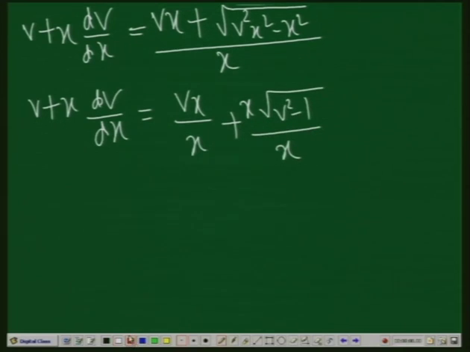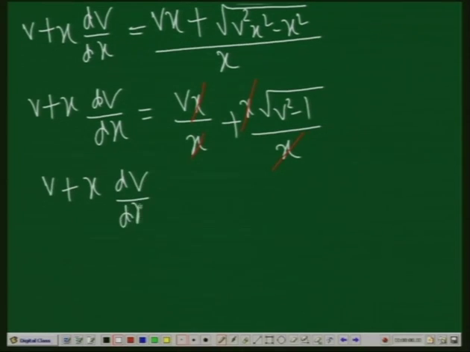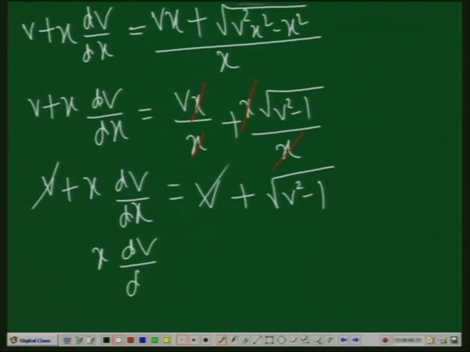Now cancel x, I can cancel this x here, and we will be left with v plus x into dv by dx equals to v plus root of v square minus 1. Cancel v, we get x into dv by dx equals to root of v square minus 1. Now, next step, separate the variables.